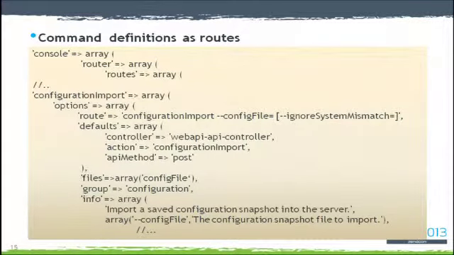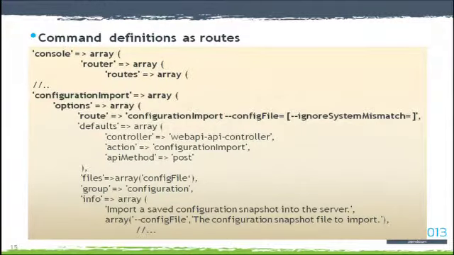And then I decided to put also another parameter here, which is the information about the command. Now, if you have this information here, it's quite easy after that to extract this information and show it to the user of the application, who can see what is really going on.